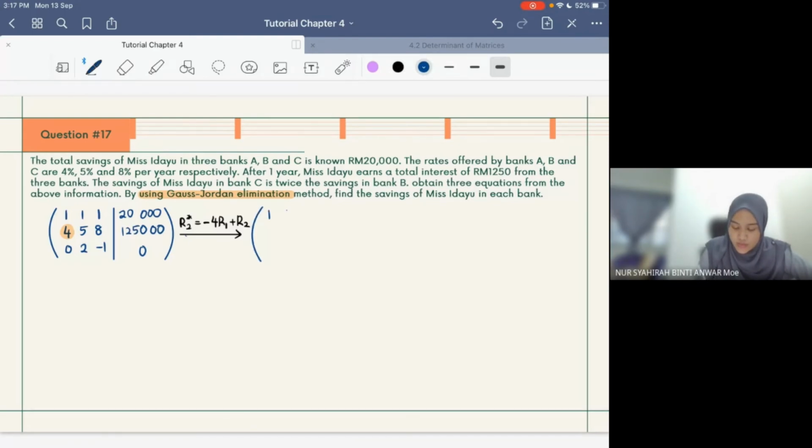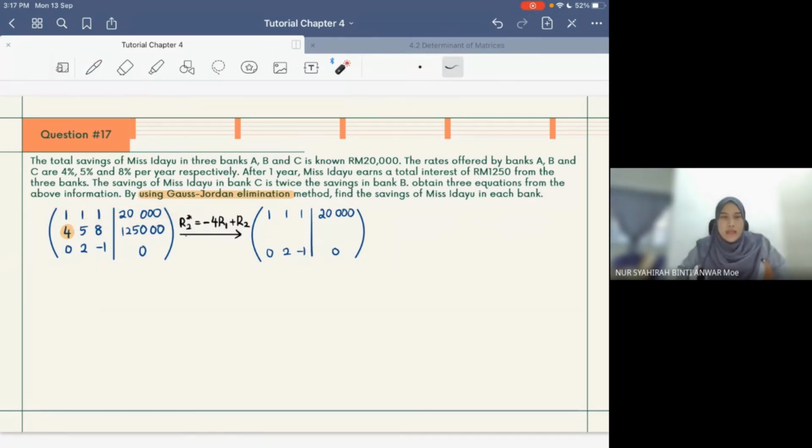So we have 1, 1, 1 yang tak berubah. 20,000. 0, 2, negative 1 and 0. Okay. Now, setiap elemen ini darabkan dengan negatif 4. Okay. So berapa lah? Negatif 4 tambah 4 kita dapat kosong. Negatif 4 tambah 5 kita ada negatif 1. Negatif 4 tambah 8 kita ada 4. Betul tak 4 kan?